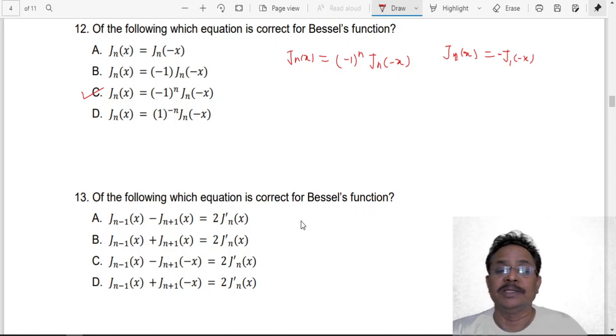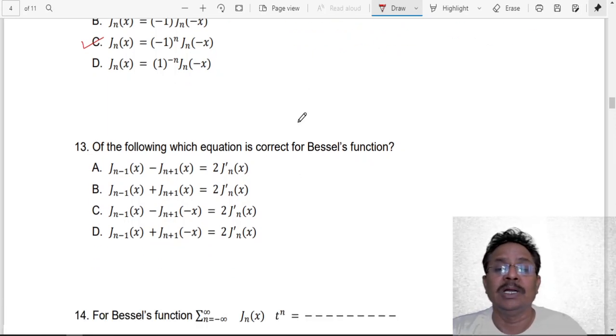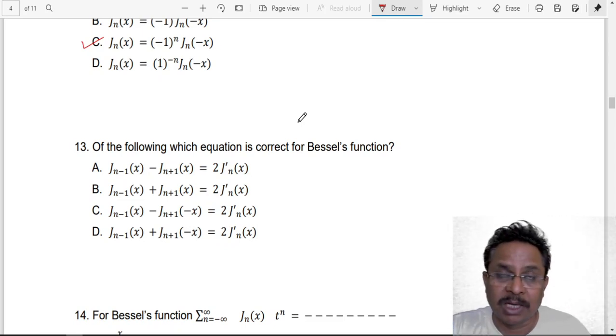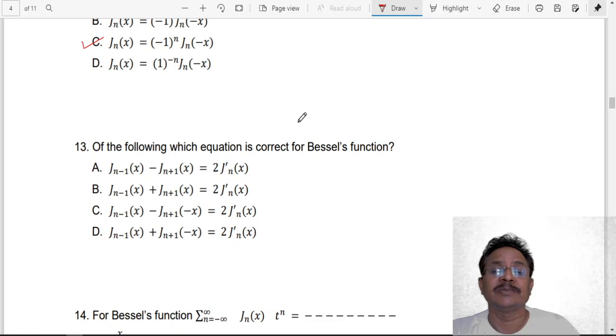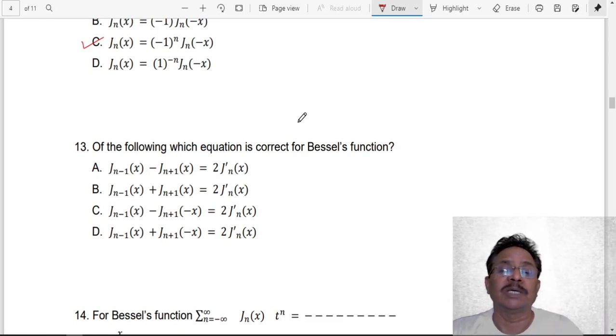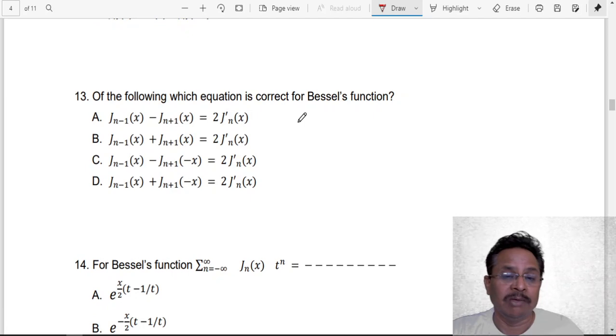Remember, this is another important point. The same thing can also be understood from the graph. Plot a graph of the Bessel functions and replace x by minus x. Based upon whether the function changes its sign or not, we can say that the parity of such functions is either odd or even.